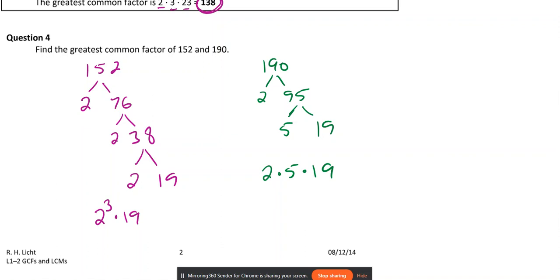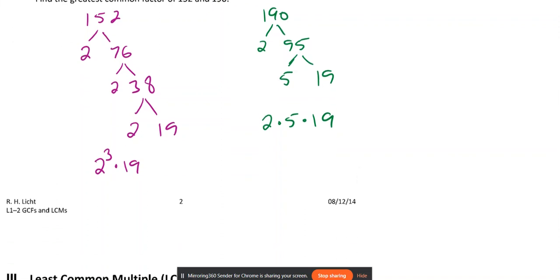Okay, so greatest common factor. Just remember here, I've written this as 2 to the power 3, but that also would have been 2 times 2 times 2 times 19. So all we can do is take one of those 2s, and then the 19 and the 19.